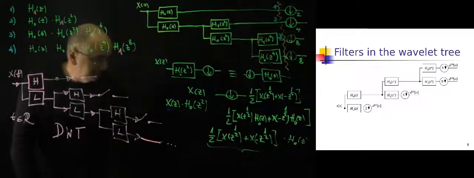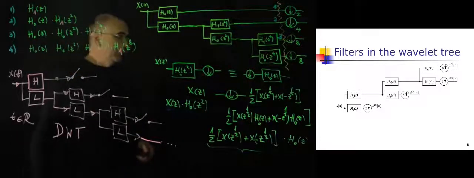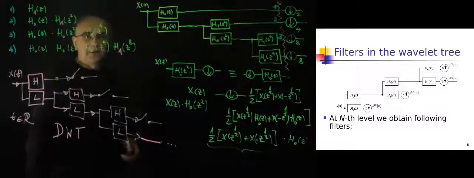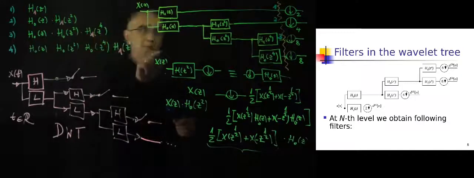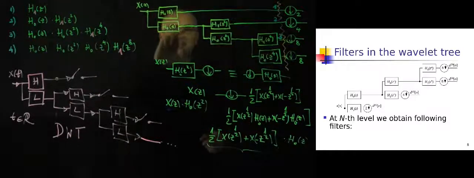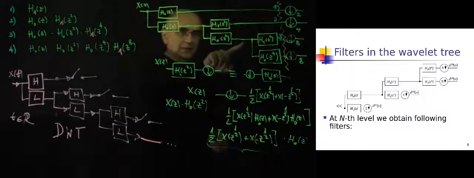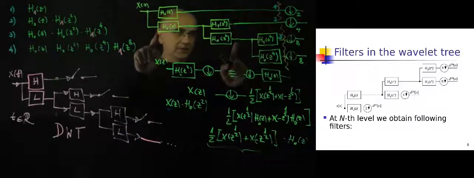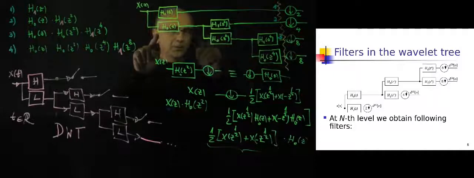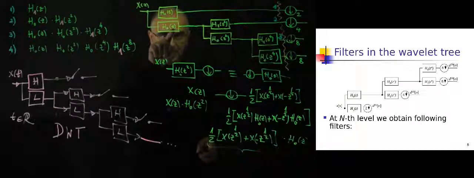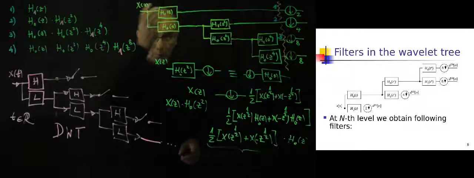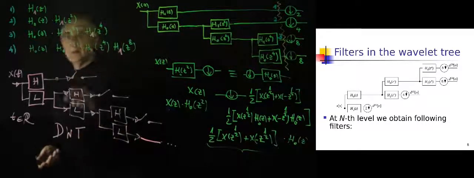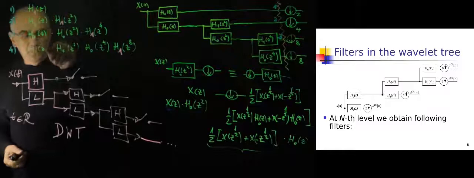Okay, let's put it in some equations. For the low pass branch, this is number 1, and then level 2 is a cascade of 2 filters, level 3 is a cascade of 3 low pass filters, and here we have z to the power of 1, we can say.